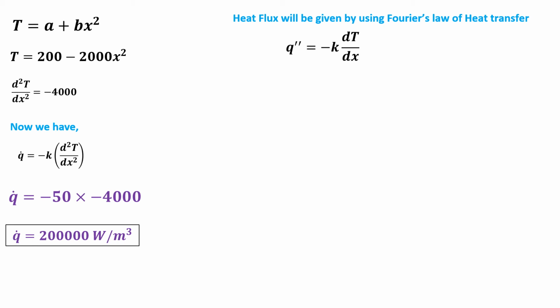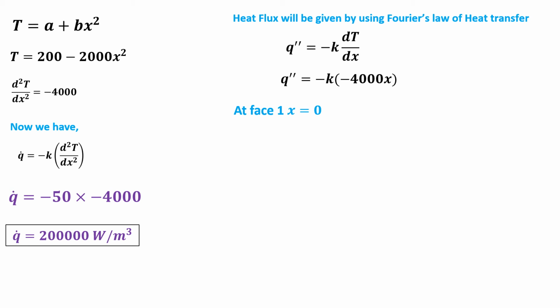We have a temperature profile in x direction, and it is 200 minus 2000 x square. So we can simply calculate dT by dx is equal to minus 4000 times x, or heat flux comes out to be minus k into minus 4000 times x.